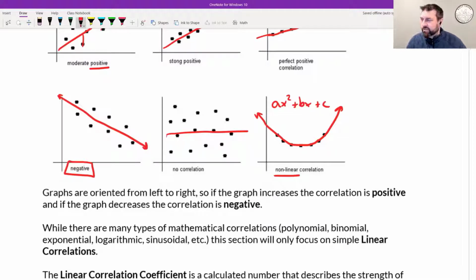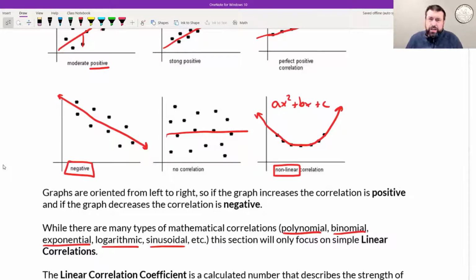We're not going to do any of that stuff. We're just going to say these are nice, but we're not going to play with them. They're sort of exotic creatures in the math world. There are different types of nonlinear correlations you could do: polynomial, binomial, exponential, logarithmic, sinusoidal.